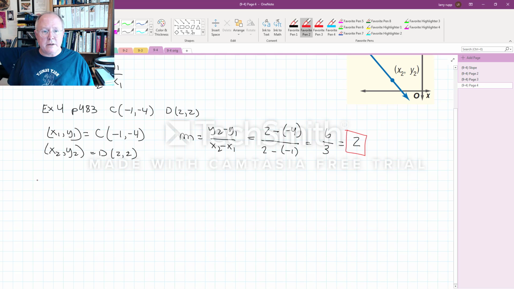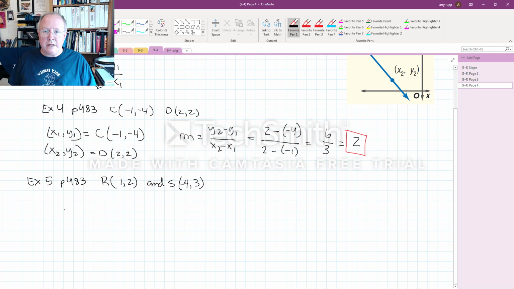Let's do another example. Let's do example 5. It's example 5 on page 483. Same deal. We need to find a slope of the line passing through these 2 points. Point R, 1, 2, and point S, -4, 3.